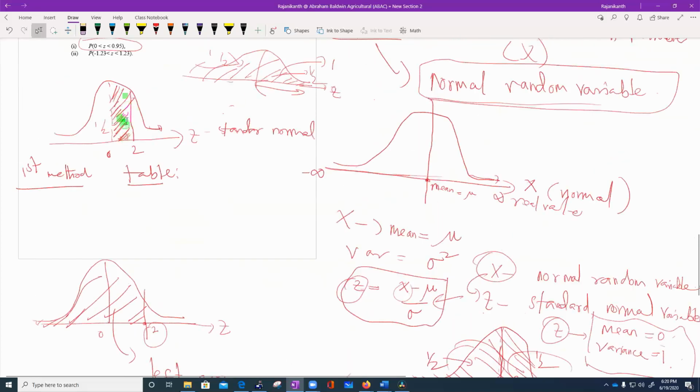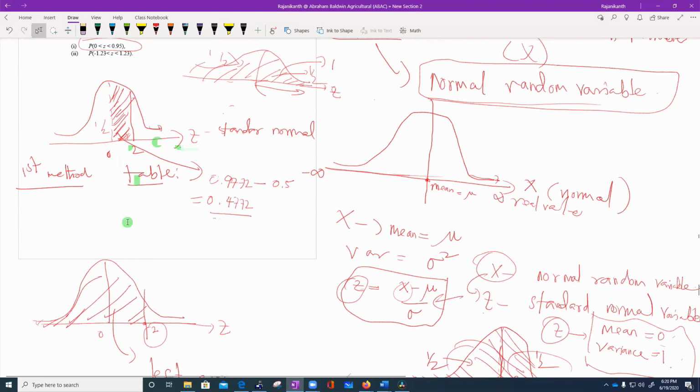Am I right? Correct. So this area is nothing but the left side area to the point 2, minus the uncolored half. It is 0.4772. Exactly. Do you see now how to find the area? That makes sense?